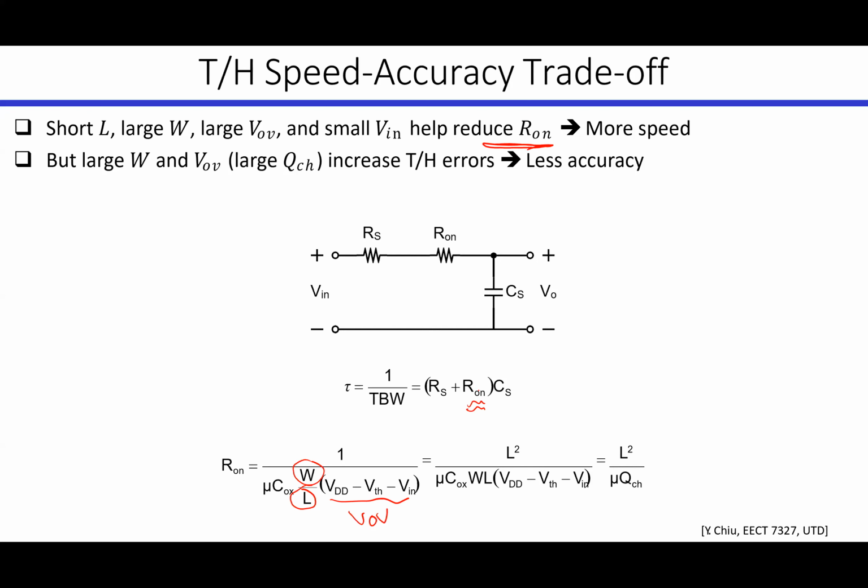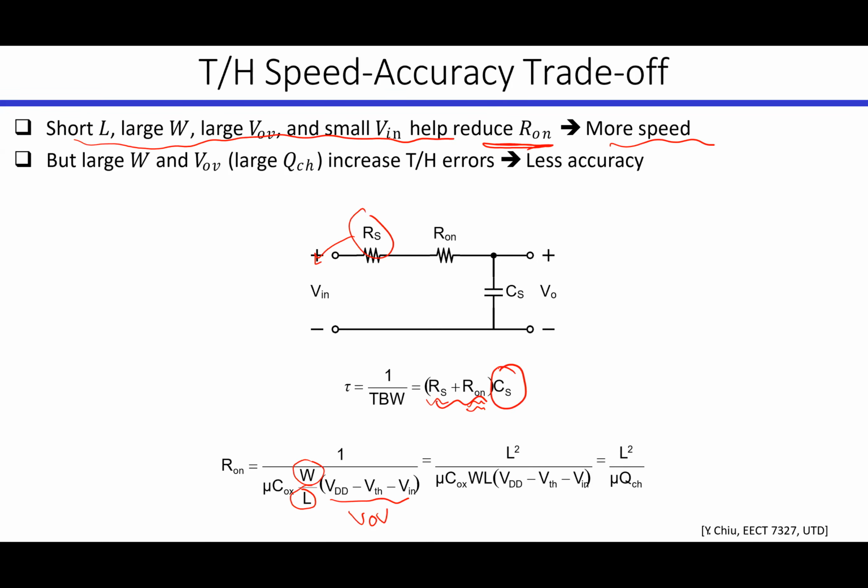I can also decrease this RS, which comes from the input side. If my input is coming from another amplifier, or I can add a buffer with a very low output impedance, but this will require me to carefully design that buffer to have a low output impedance. So if I achieve all this, I can get more speed by reducing these resistances.